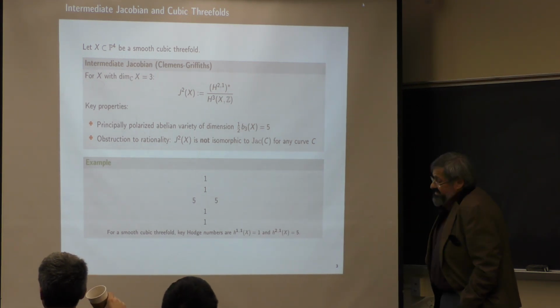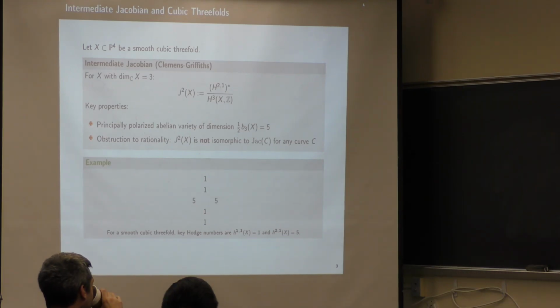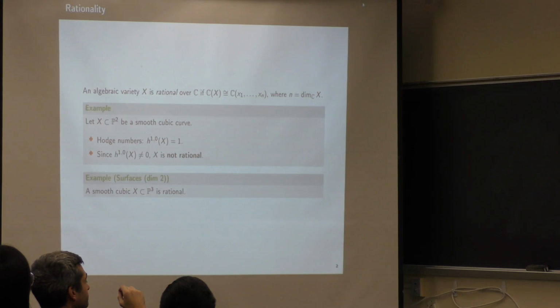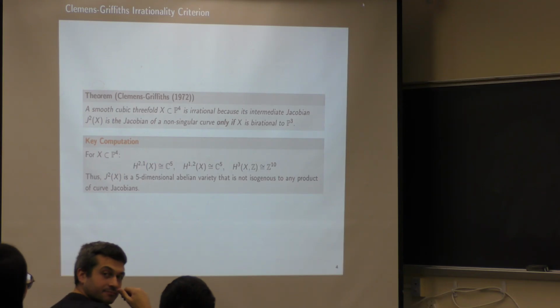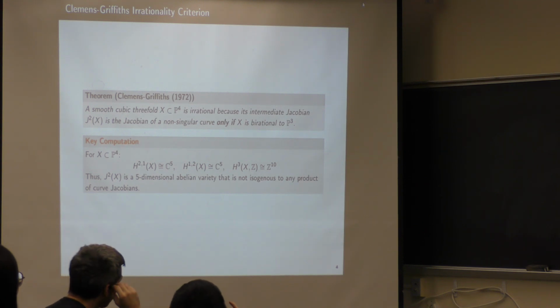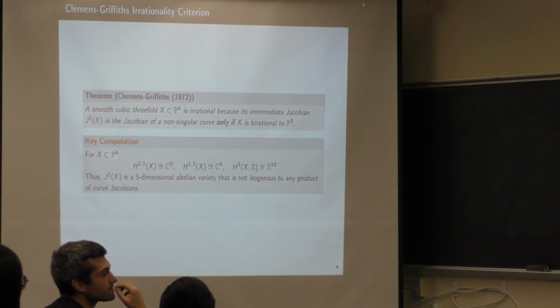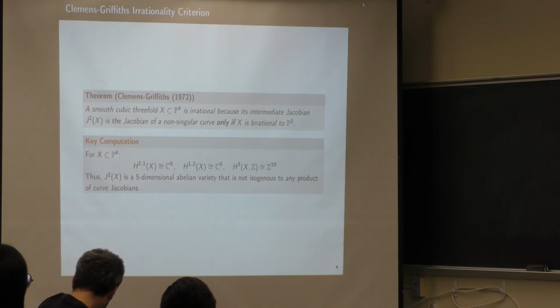But a deeper analysis that was carried out by Clemens and Griffiths, using the theory of Andreotti-Mayer and Mumford, shows that this actually does not come from the Jacobian of a Riemann surface of genus 5, due to the fact that the singularities of the theta divisor have rather big codimension, in this case codimension 5.